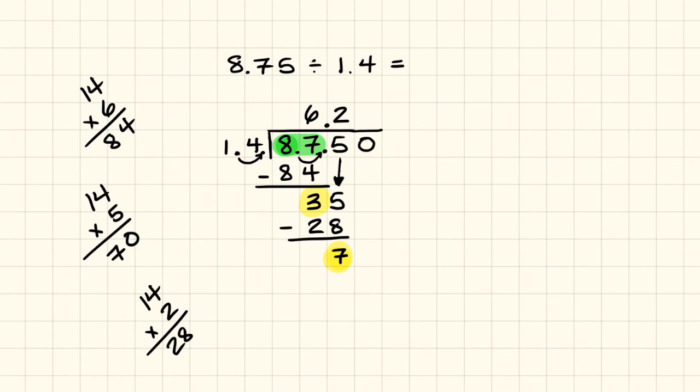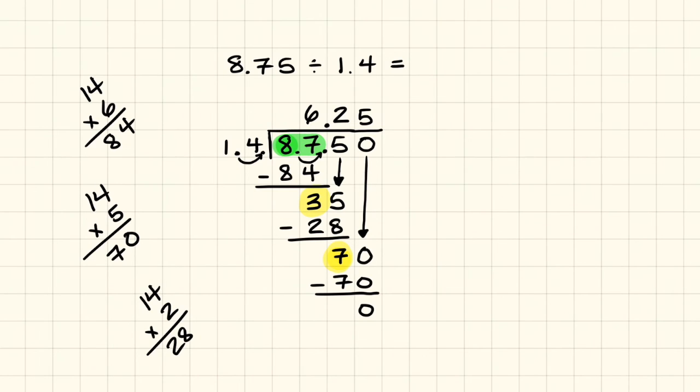I add a 0 to my dividend, and then I'm going to drop this 0 down. And now I've got a new number. How many times will 14 go into 70? Well, I can look over here at some of my basic facts that I've jotted down, and I can see 5 times 14 is 70. Subtract. I have 0 left over.